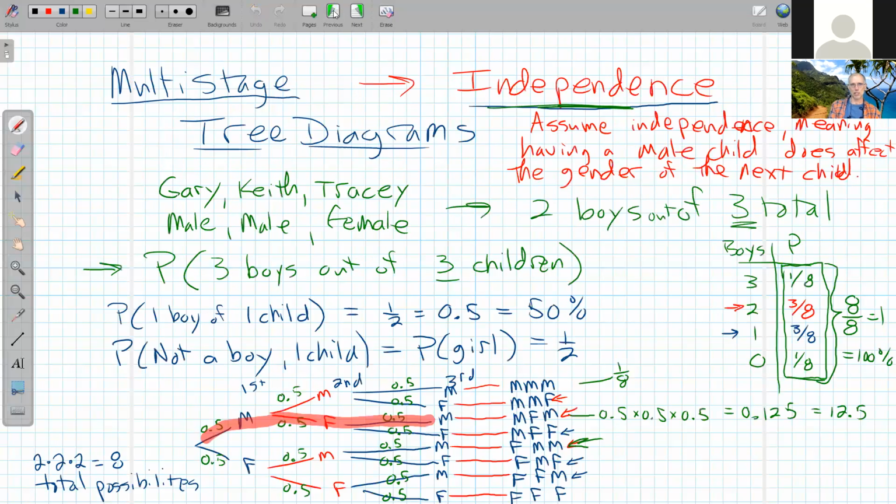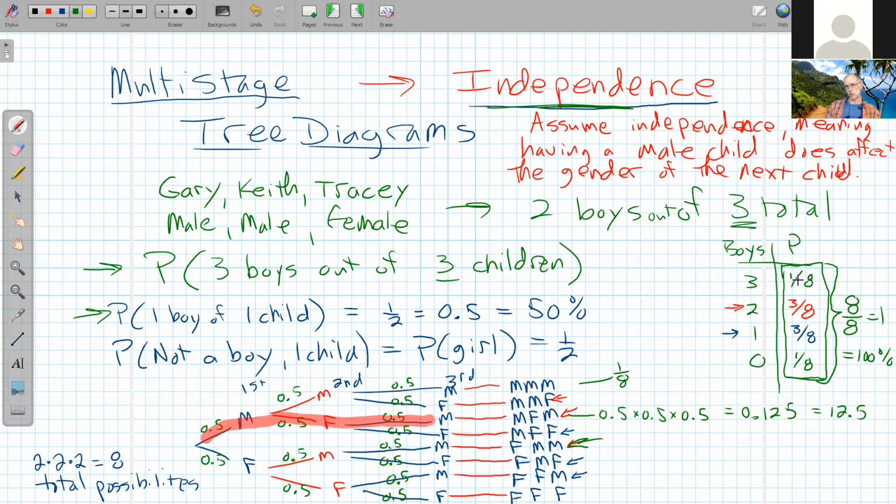And when I thought about my assumptions, like, hey, what is the probability of having a single boy, only 1 child? 1/2, 1/2. This assumption about independence was important, going from one set of branches to the next. Once we thought it out a little farther, we could see there's a lot more possibilities than 4. Turns out there's 8 different ways 3 children can be born in terms of gender.